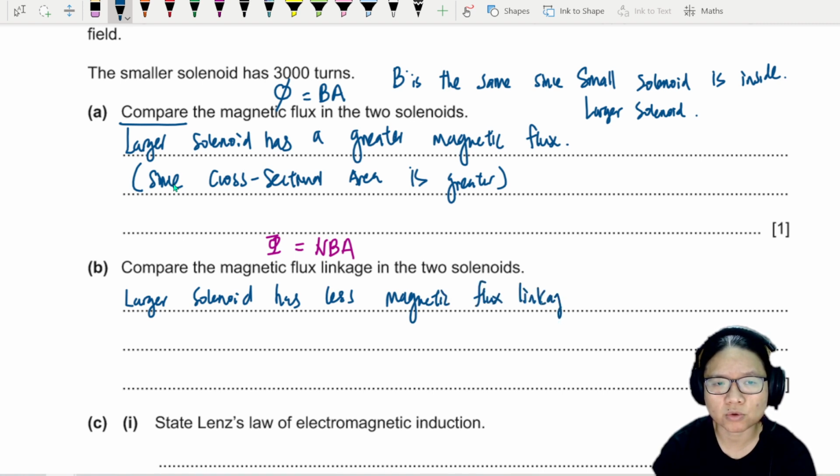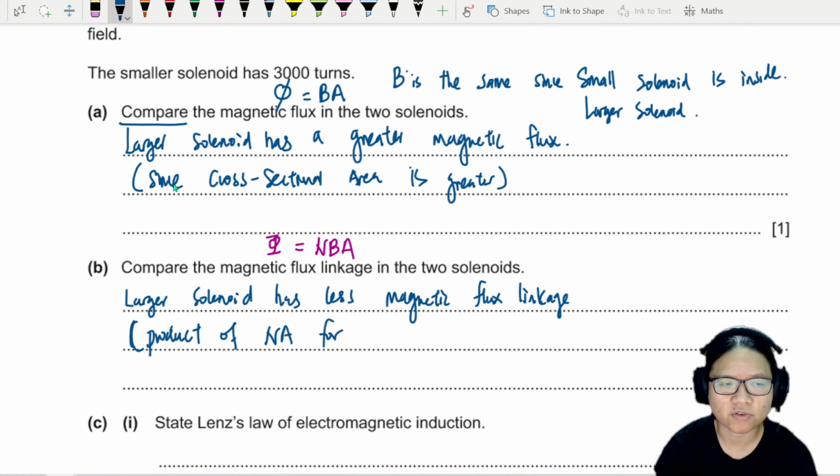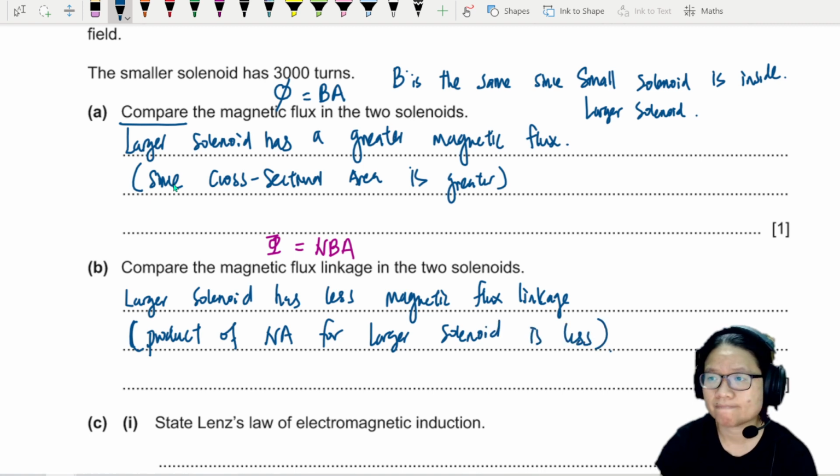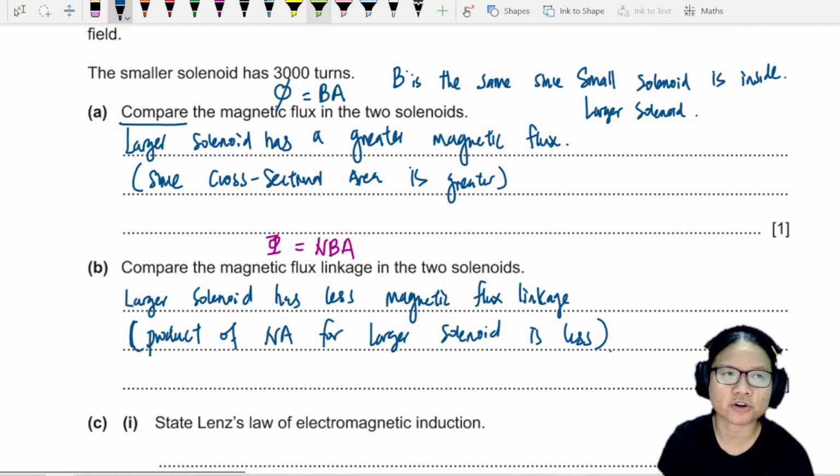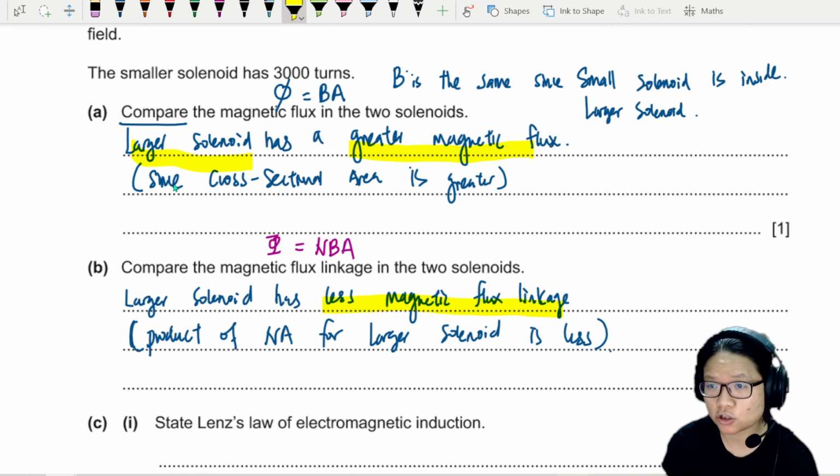And if you want to explain, you can just bracket and say that the product of NA for the larger solenoid is less. Okay, so the larger solenoid has a greater magnetic flux, but less magnetic flux linkage.